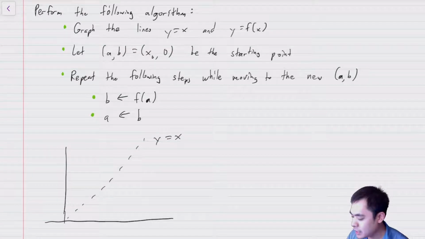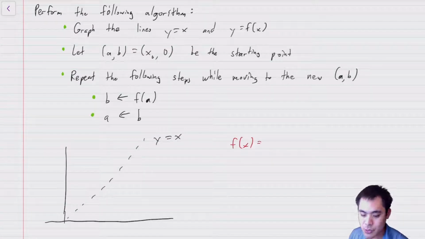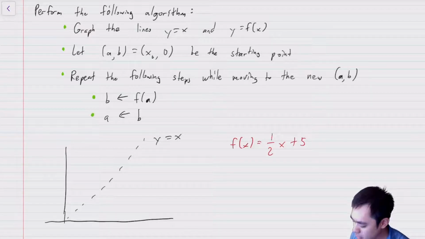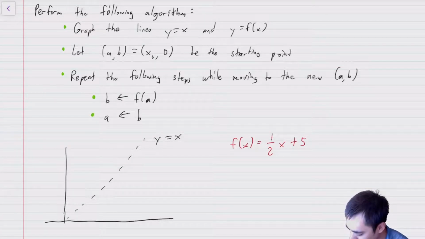And let's suppose that f of x is something really simple. Let's say that f of x is equal to 1/2 x plus 5. So this is going to be 1, 2, 3, 4, 5, starting there. So this is at 5, and that means this is also at 5.